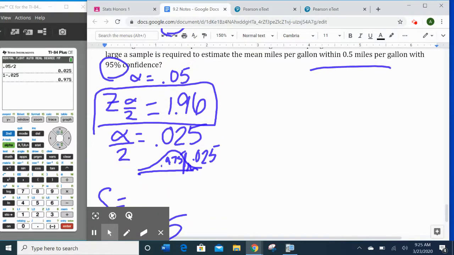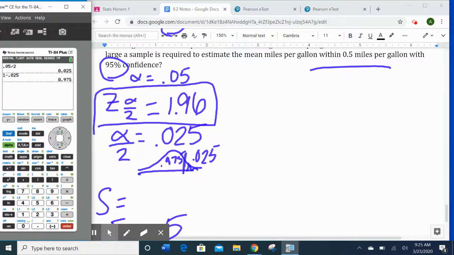As far as S goes, S is the sample standard deviation. So these 13 cars, I've already input into my list here. So when I go to tests and I go to T interval and I input L1, the frequency, the 95% confidence, it'll actually tell me the sample standard deviation.